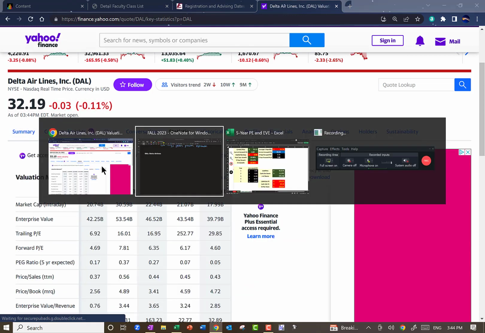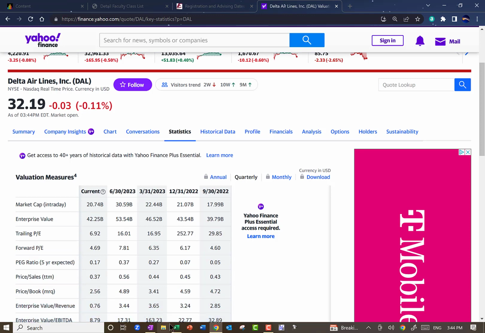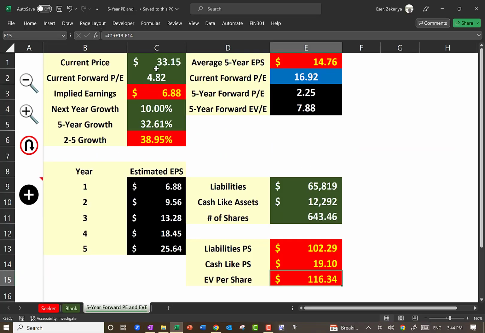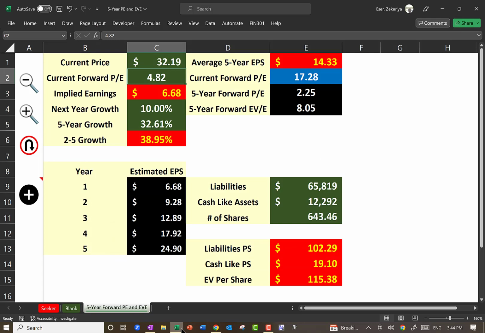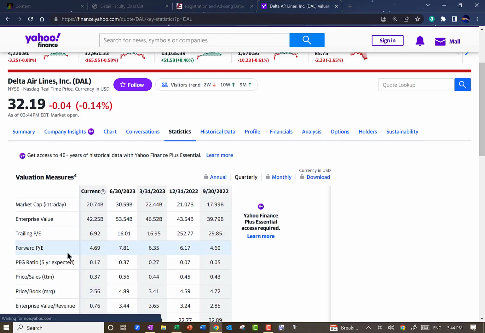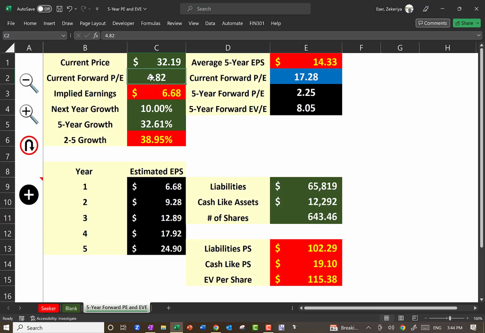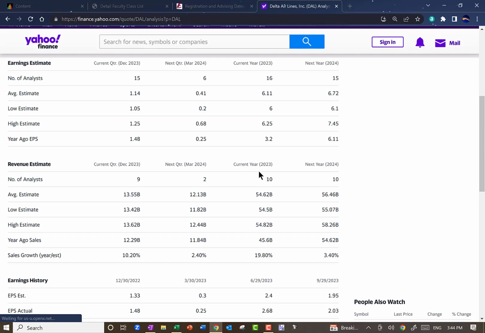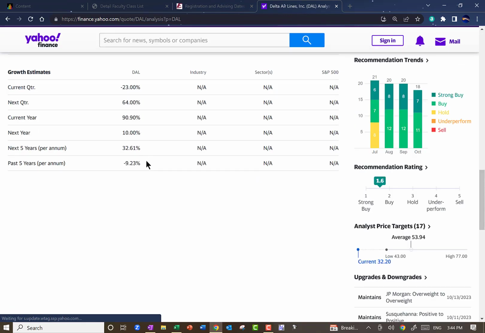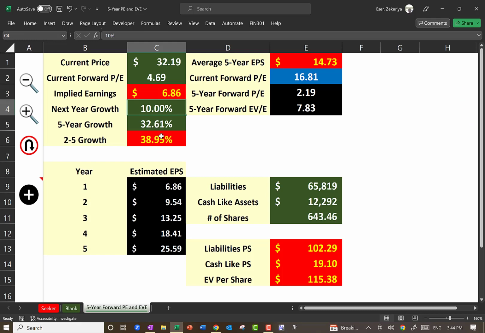Current price, $32.19. Current forward PE, 4.69. Let's look at the growth under the analysis tab. 10% and 32.61.